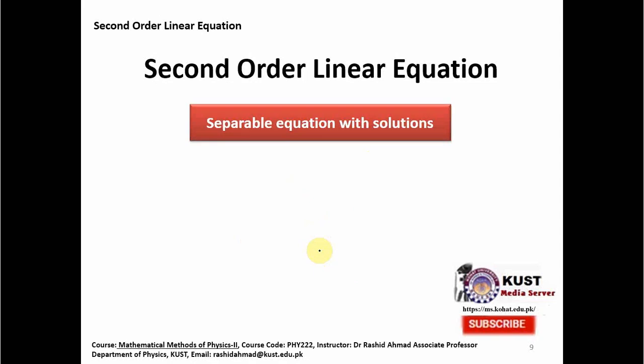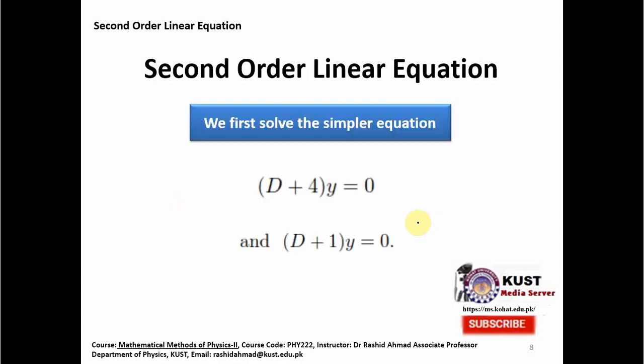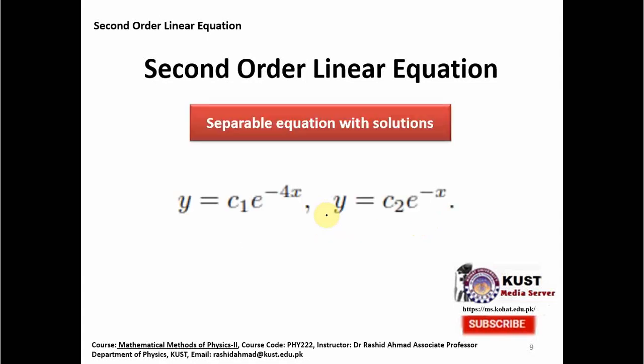These are separable equations with the solutions y is equal to c1 into e raised to power minus 4x, and y is equal to c2 e raised to power minus x. Now you can easily solve these two equations. d plus 4 into y is equal to 0 is a separable equation, so you can separate the variables, take one onto the other side and solve for it, and what you will get is c1 into e raised to power minus 4x.